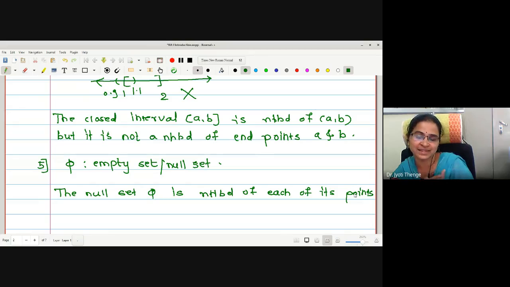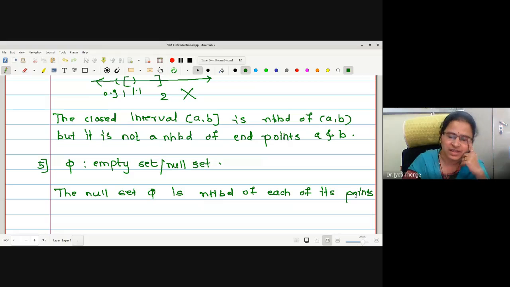In 12th standard I think you have studied logic, na? Contrapositive statements. Negation of a negation is the statement itself. Therefore, here I can make a statement that there is no point in phi.